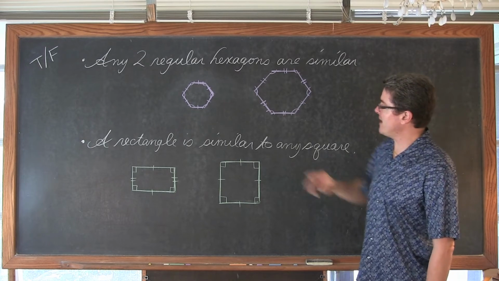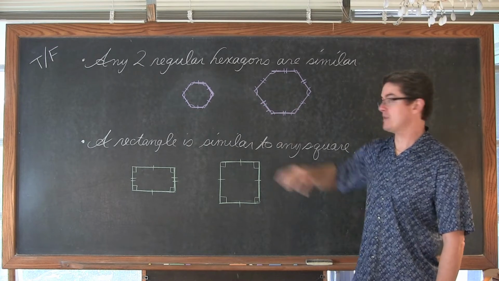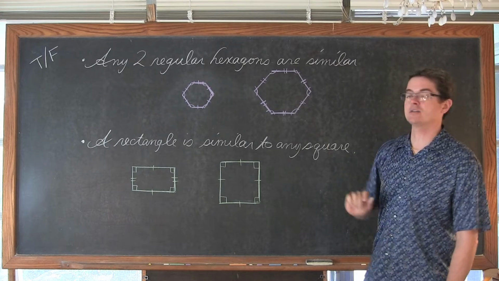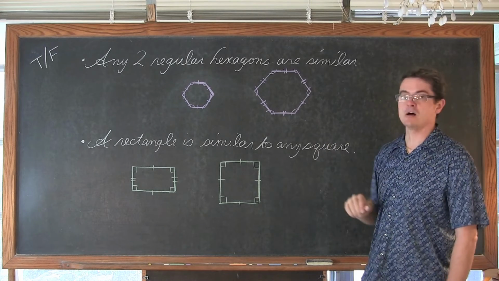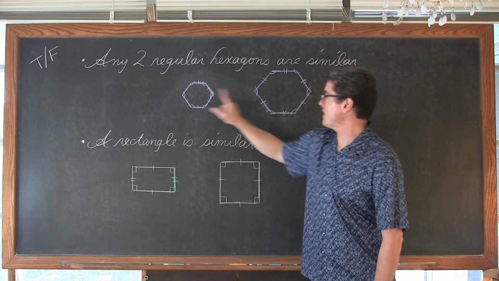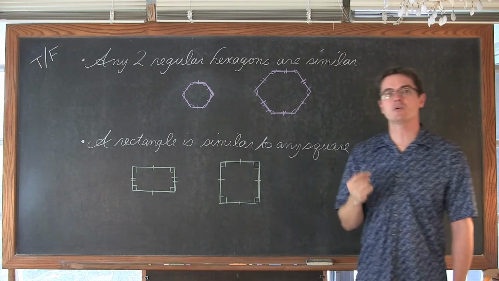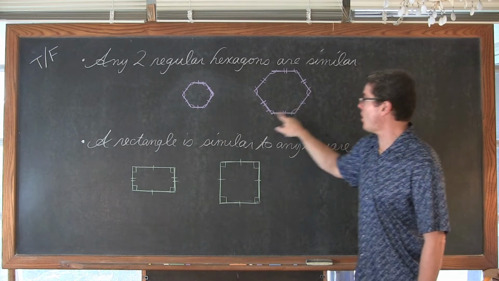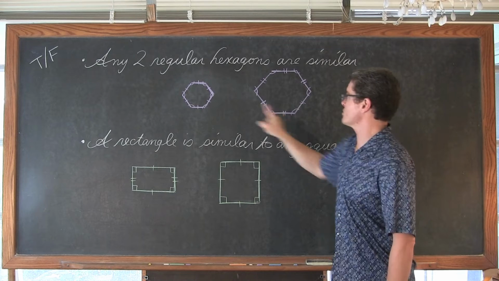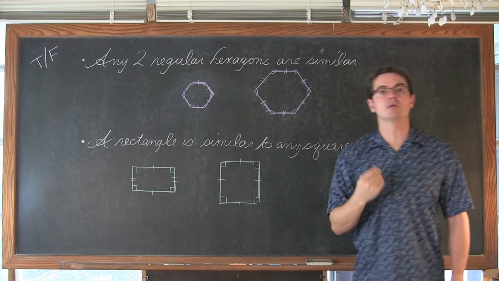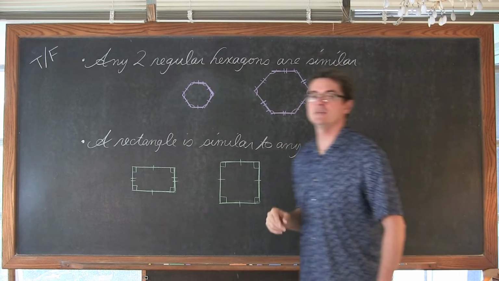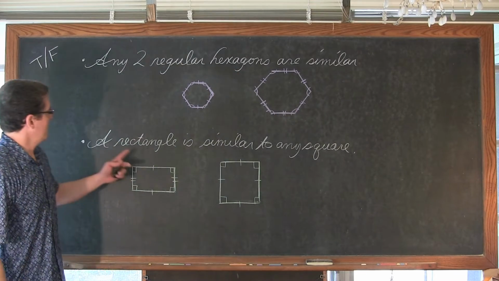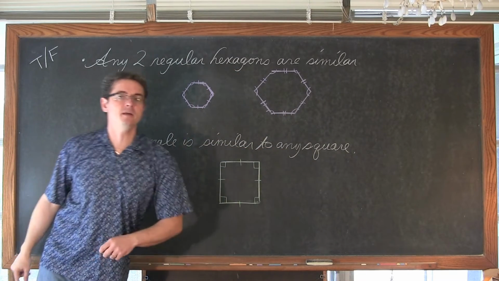And the fact that all of these sides have to be equal within this hexagon and all these sides have to be equal within this hexagon, when I set up that first proportion for the corresponding sides, I'm guaranteed that all of the proportions for the corresponding sides are going to be equal, and thus they are similar.